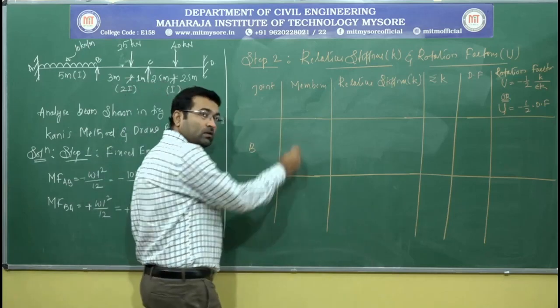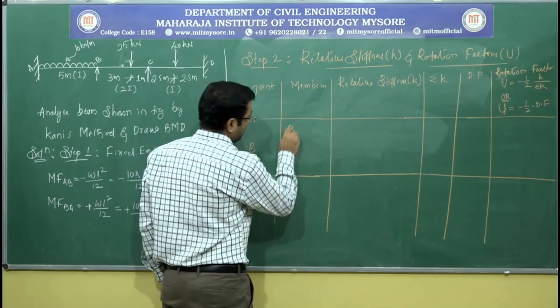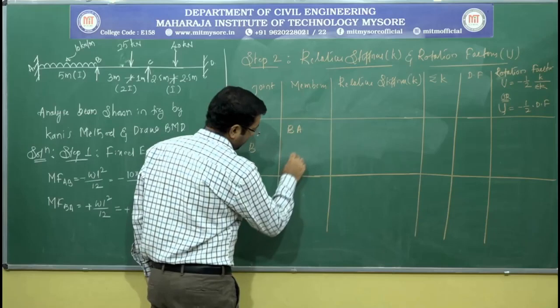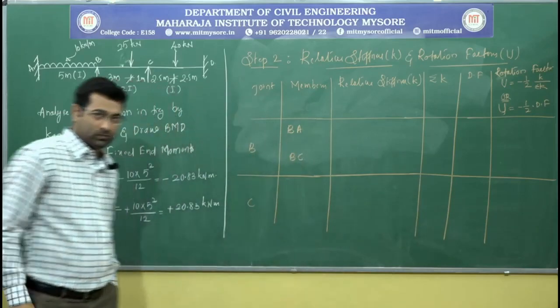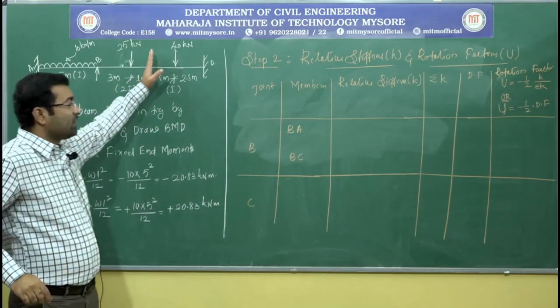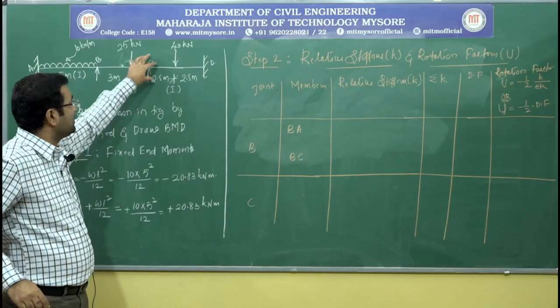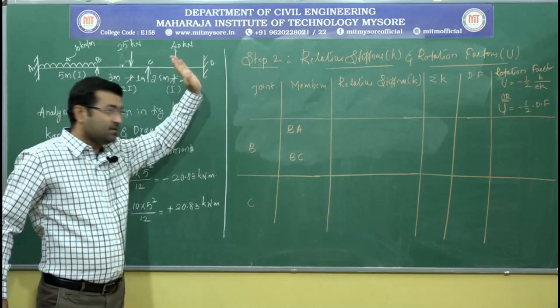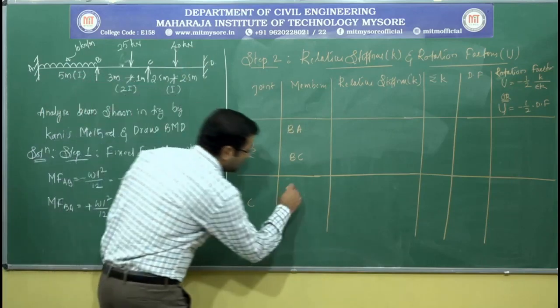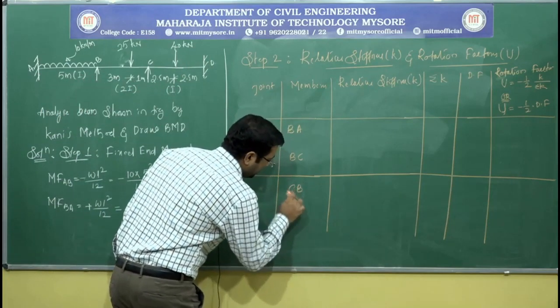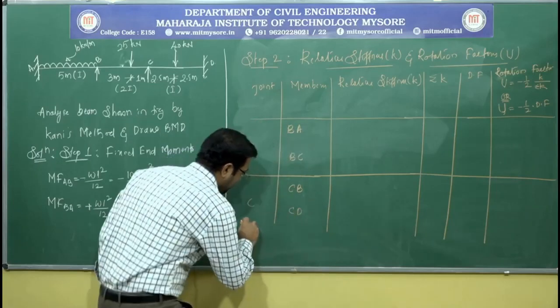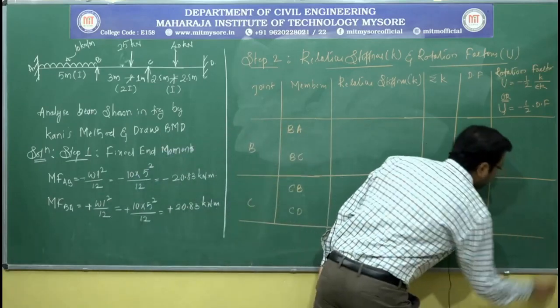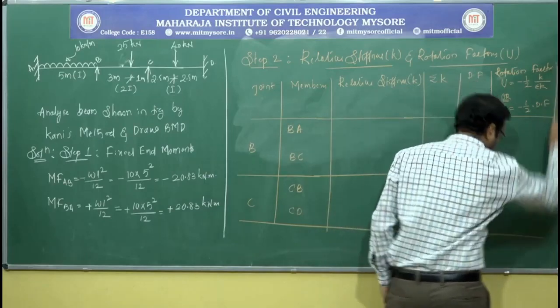Okay, so I will note down those here in the members, BA and BC. These are the two members. Similarly, if I come to the C joint, we have two members, one is CB and another one is CD. So here we have CB and CD as the members.